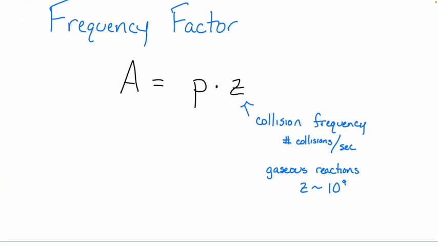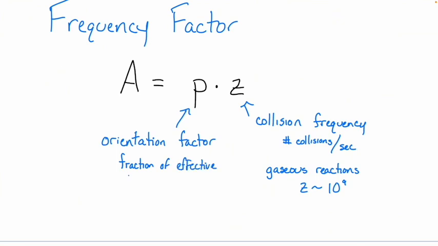Okay, the other component of this frequency factor here, P, this is what we call the orientation factor. The orientation factor is the fraction of what we call effective collisions.